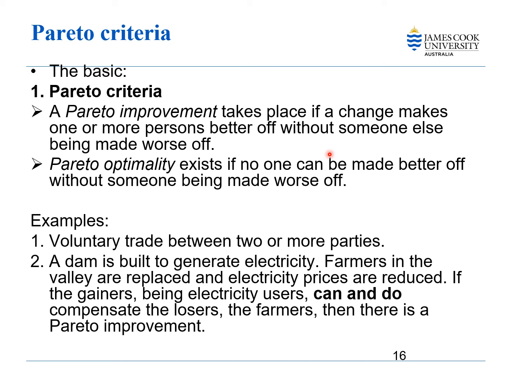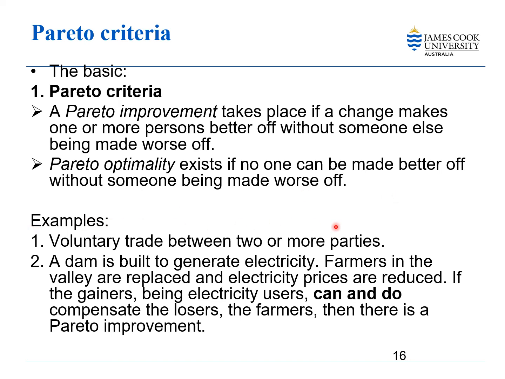And if there are no such opportunities for Pareto improvements, then the society achieves a situation we call Pareto optimality. There's no project that can make somebody better off and nobody worse off. So that's one criterion we can use to judge.